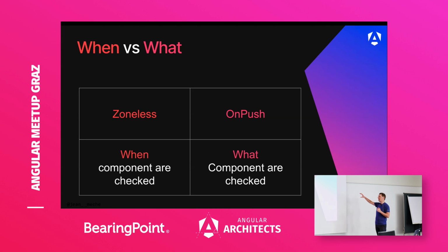OnPush is more like, you have your tree with all the components, and with OnPush, you are basically telling, I will only check the children if I'm dirty, if my data has been dirty. So when you're doing OnPush, you're saying, should my component be checked or not? So it's more about which component should be checked, whereas with Zoneless, it's about when should I check my whole tree.